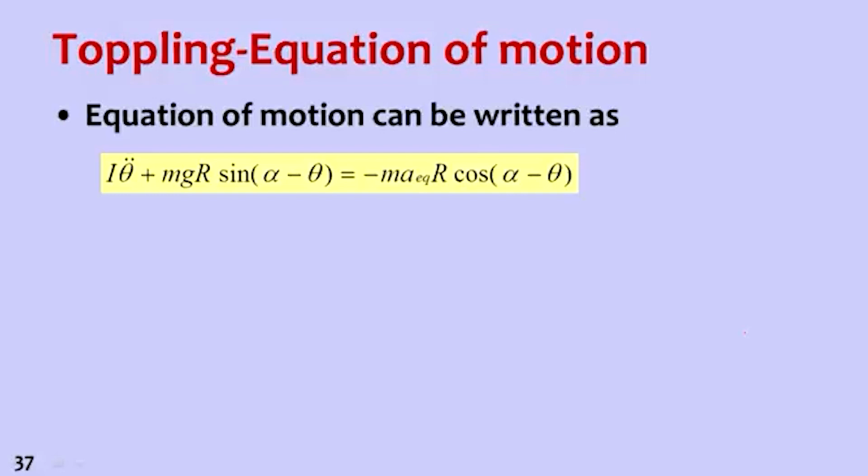So we can derive the governing differential equation from the picture, by drawing the free body diagram. I is the rotational moment of inertia, with theta double dot, plus mgr sine (alpha minus theta). Alpha is the angle with which the non-structural element is getting lifted.